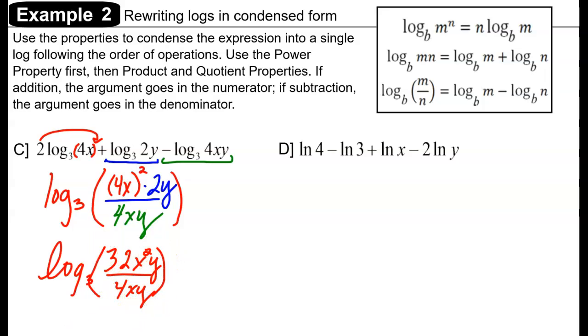And then we can reduce that further by dividing the 4 into the 32, which is 8. And then our y's cancel, and x squared divided by x is just an x. So this is going to simplify to the log base 3 of the quantity 8x.